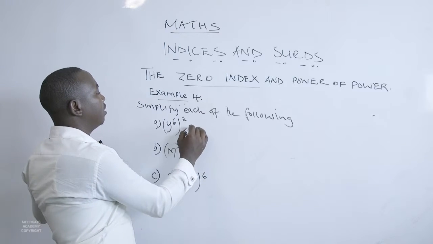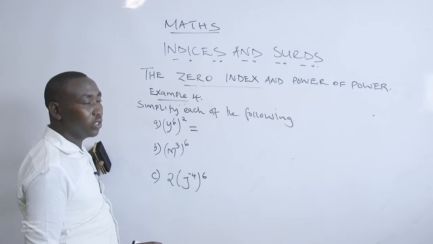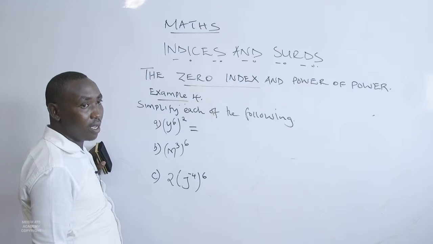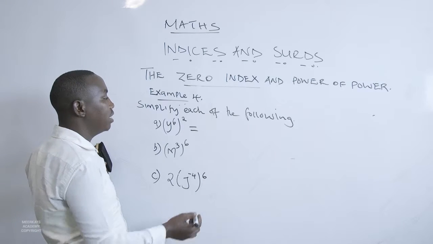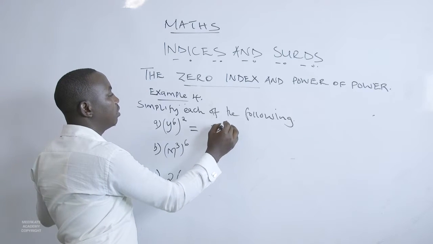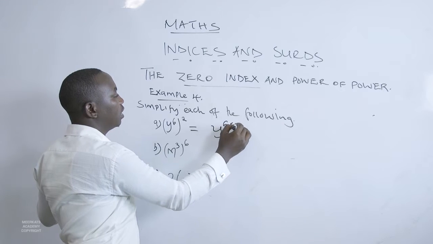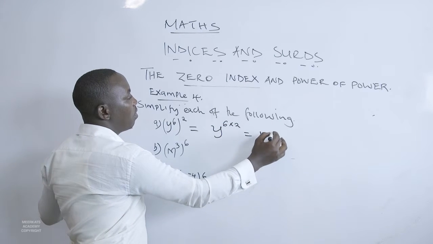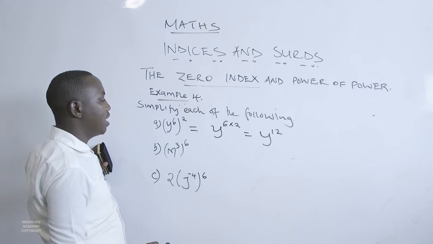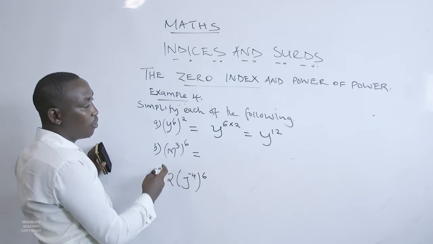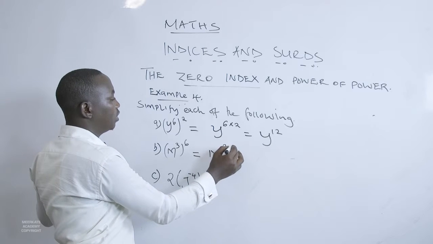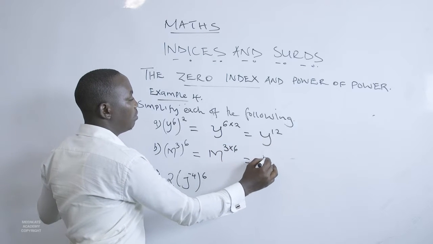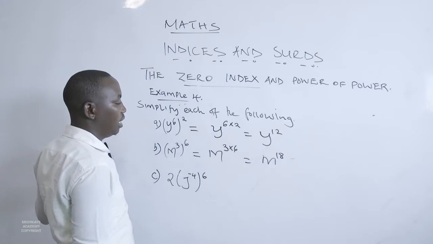In solving this first case, this is a power of another power, so we multiply the powers. This results in y raised to 6 times 2, which shall be y raised to 12, just as simple as that. The same with this, it's a power of another power, so this shall be m raised to 3 times 6, which shall be m raised to 18.